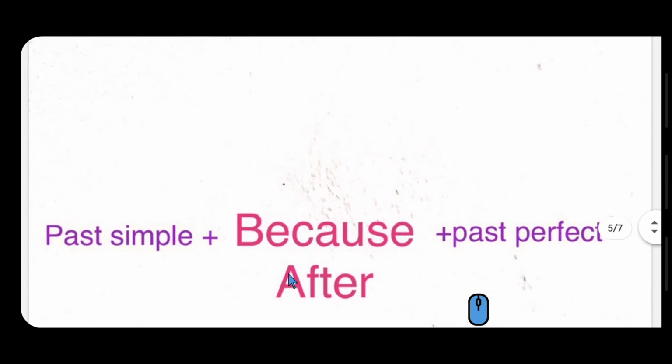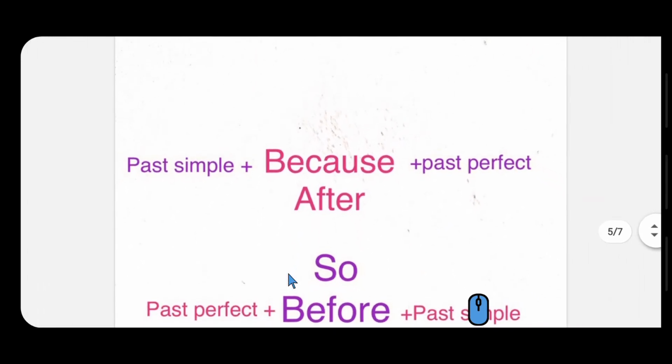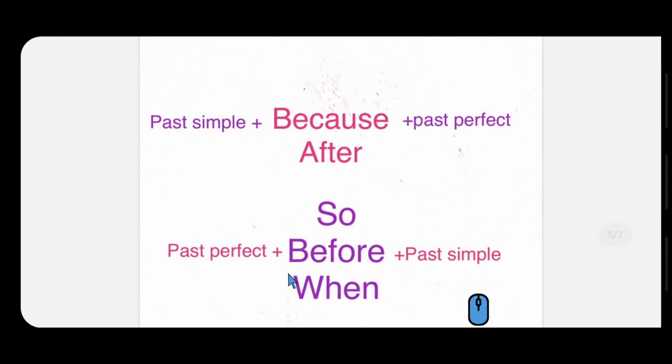Now we have a brief about this subject. فد مختصر بسيط حول هذا الزمن. We divide these conjunctions into two groups. نقسمها إلى مجموعتين. المجموعة الأولى هي because وafter والمجموعة الثانية so before when. قسمناها حسب شنو؟ حسب ما يأتي بعدها.